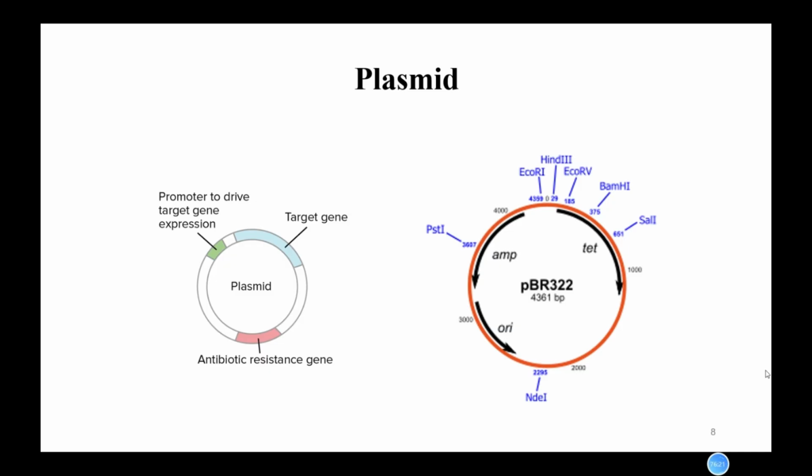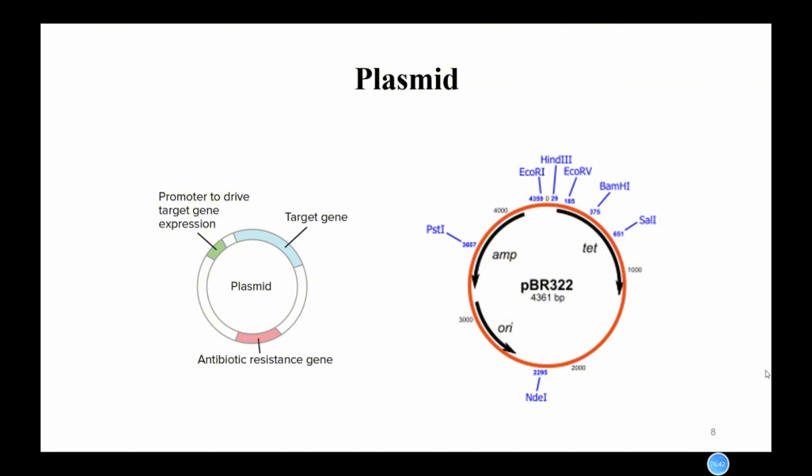This plasmid, pBR322, the total length is 4,361 base pair. So compared to the chromosome, it's much smaller, right? The chromosome is a million base pair. So this is only a few thousand base pair, much smaller.